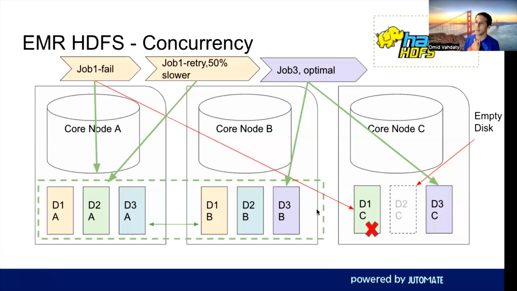It will continue working, but it will finish while job 3 runs in an optimal state, because two machines, B and C, can provide answers for the job in terms of data. This is essentially a concurrency scenario where you have a couple of jobs running and the amount of disk and the amount of cores impacts them and your ability to answer the end users.